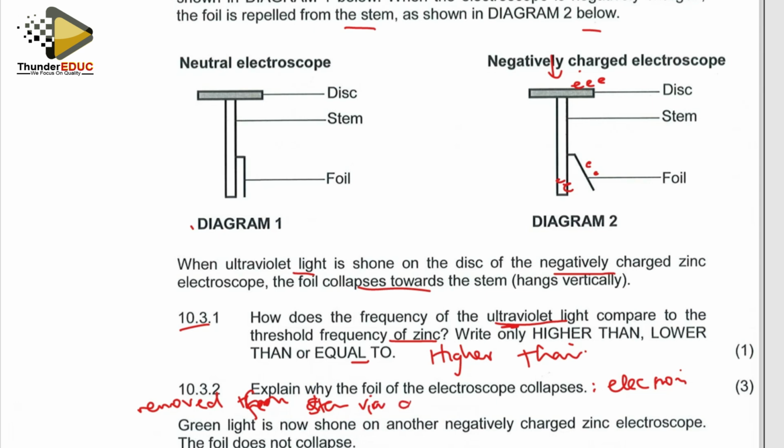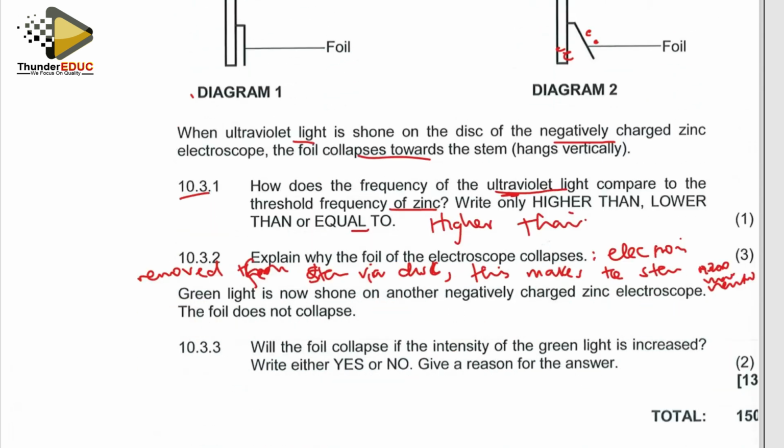This makes the stem more positive or just neutral, which attracts, and the whole thing is back to zero.